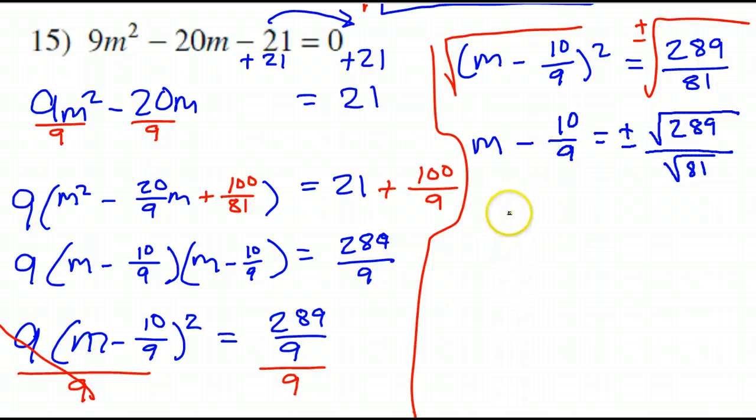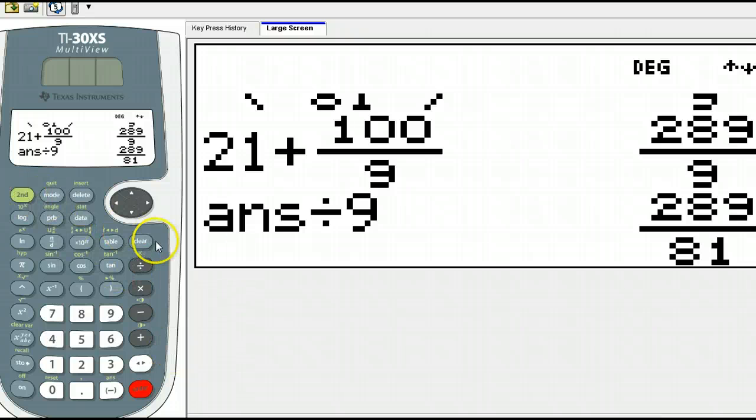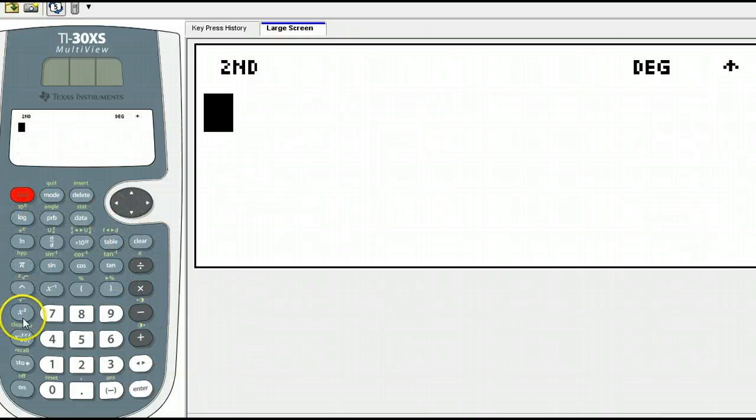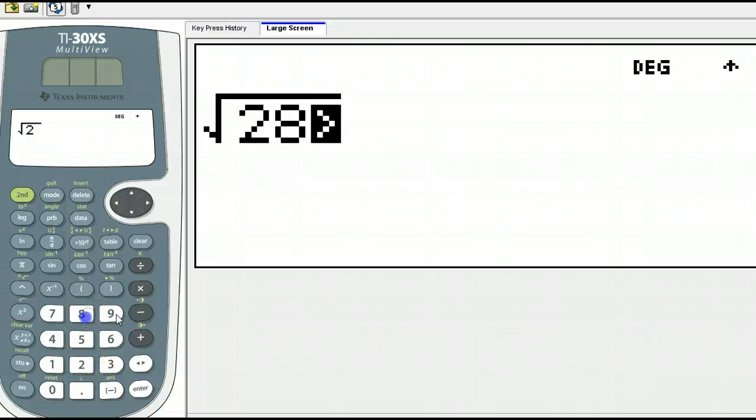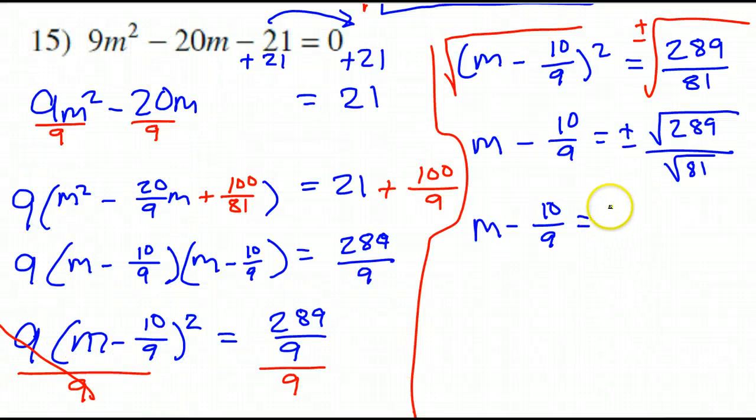You should know this one in your head. The square root of 289 is 17. So that's going to be plus or minus 17. Of course, square root of 81 is just 9.